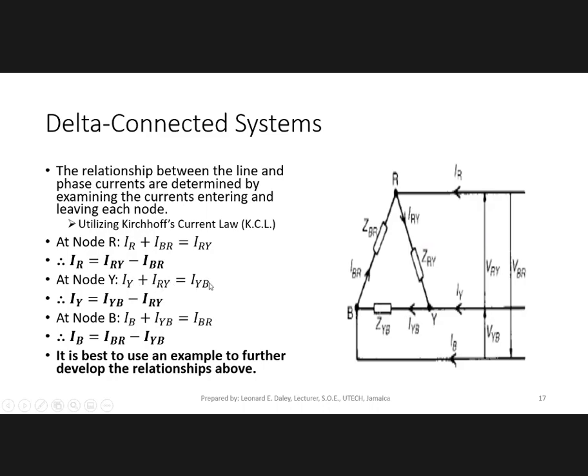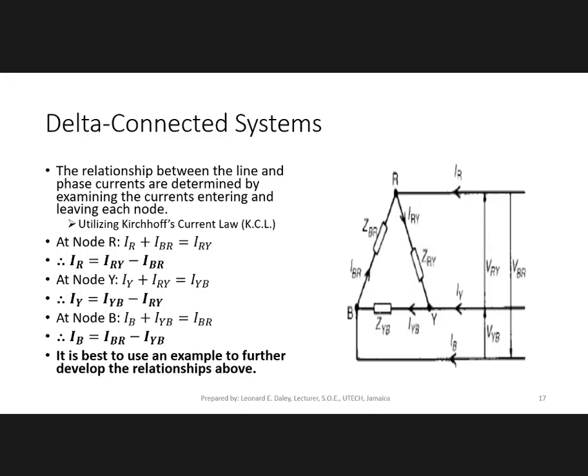So that's what this is saying. Similarly, for node B, IB and IYB are entering and IBR is leaving. So IB is equal to IBR minus IYB.